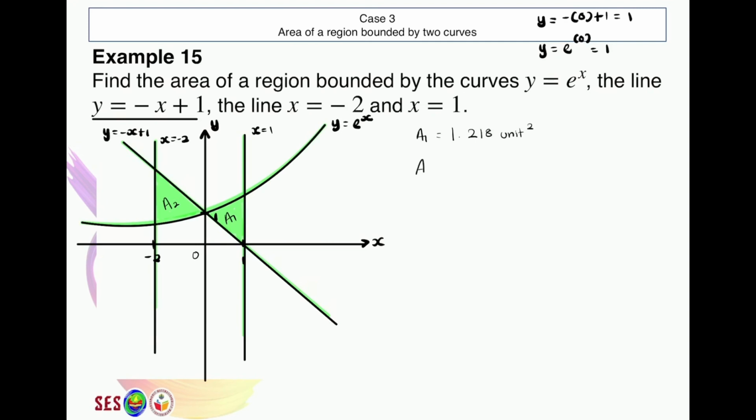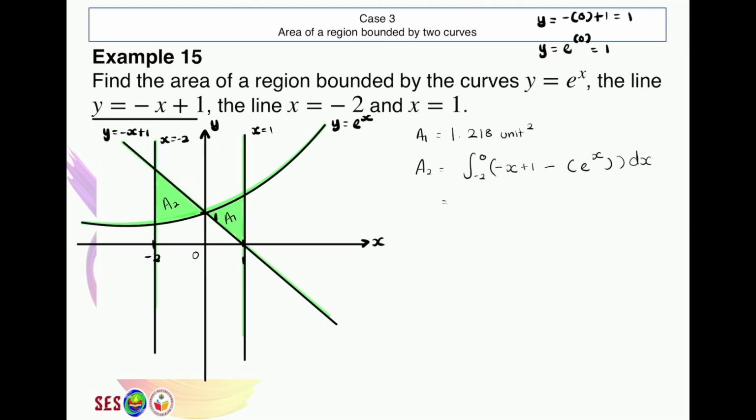So for area 2, we take from -2 to 0, and the upper function, in this shaded region, is minus x plus 1. Then we minus the lower function. The lower function is this curve here, which belongs to the curve y equals e power x. So minus e power x, and you integrate the whole thing with respect to x.